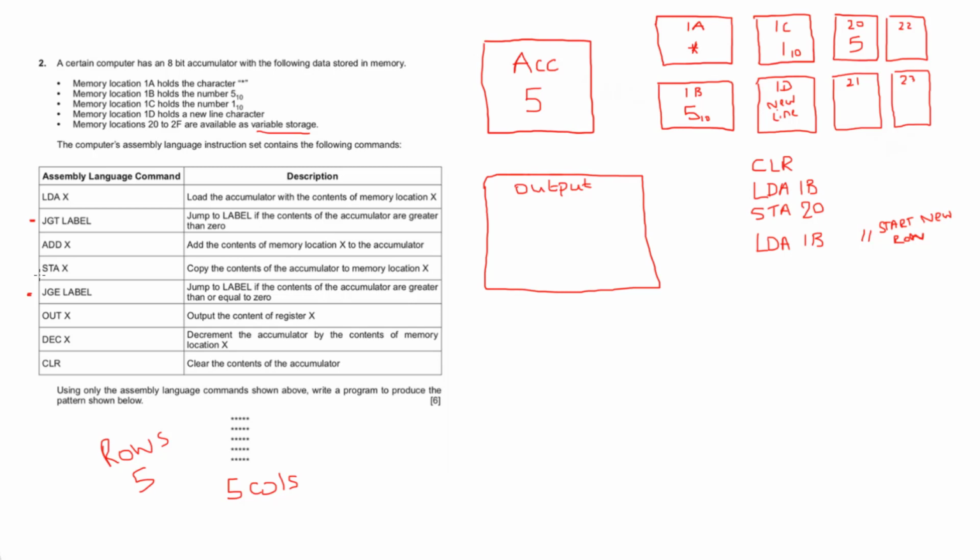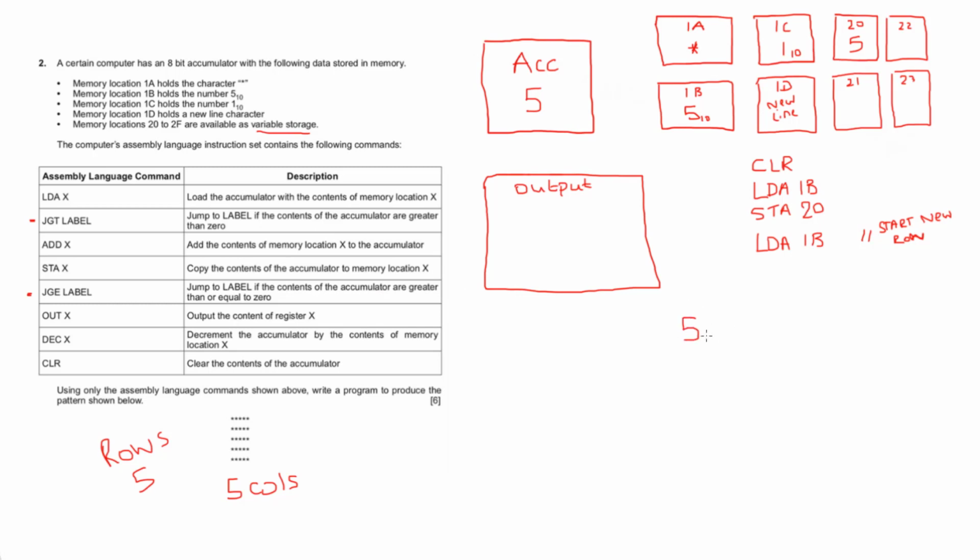And it's not very efficient for the processor, don't get me wrong, but very useful. So JGT label: jump to the label if the contents of the accumulator are greater than 0. Okay? JGE label: jump to the label if the contents of the accumulator are greater than or equal to 0.